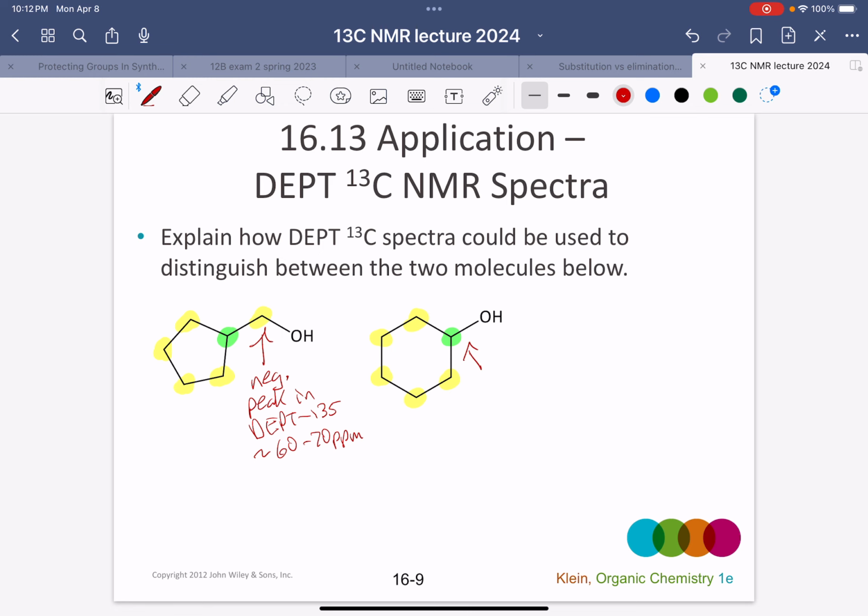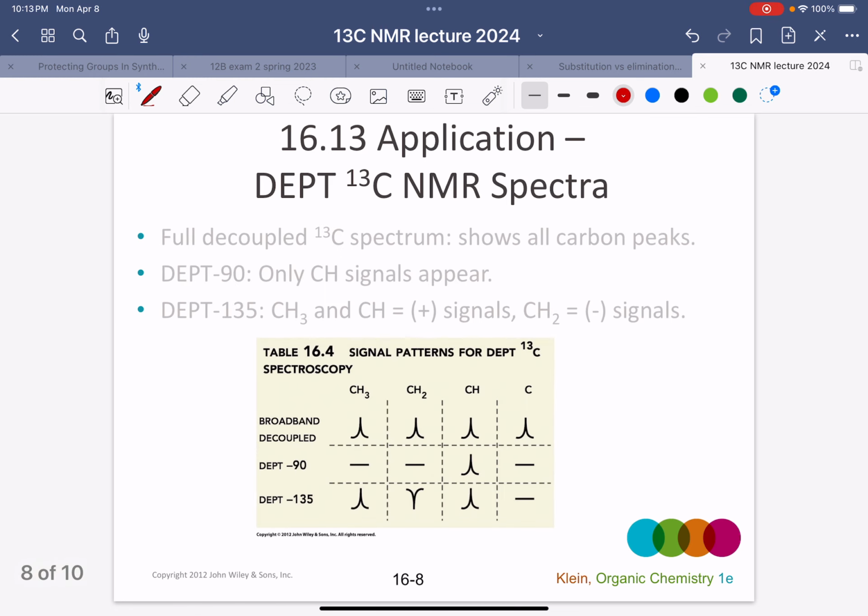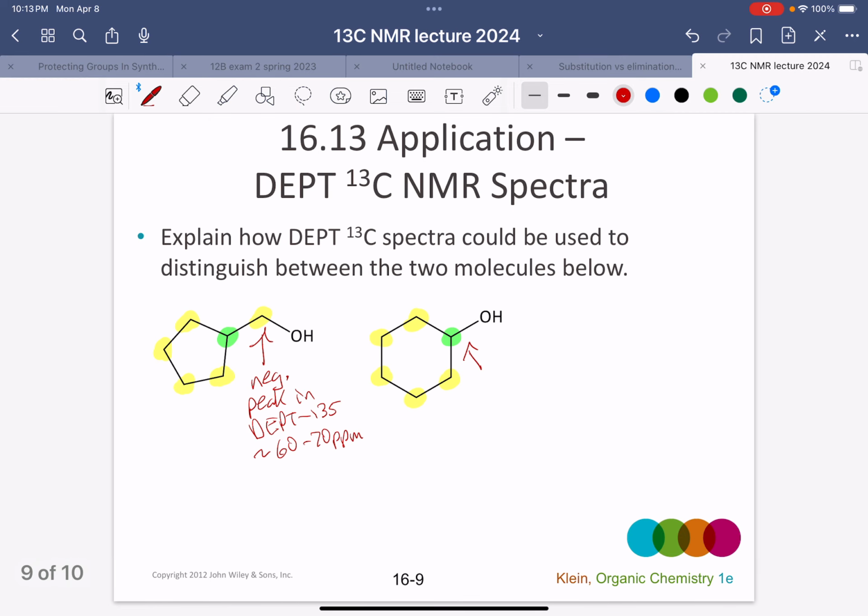Here we have a CH. Well, CH gives us a positive peak in DEPT 135. So we'd have a positive peak in DEPT 90 and DEPT 135 around 60 to 70 ppm.